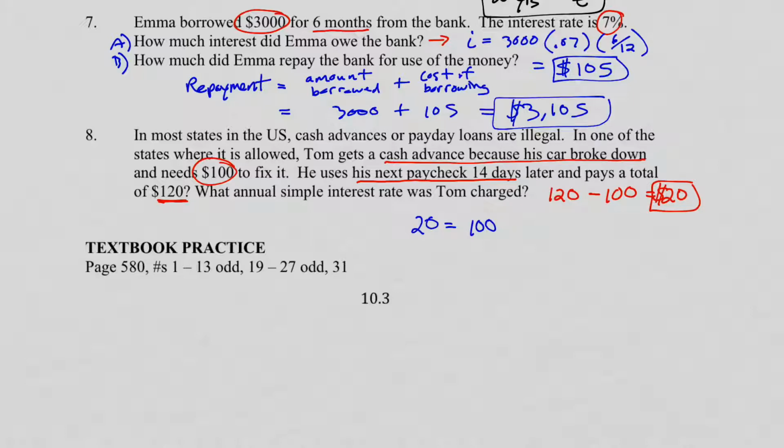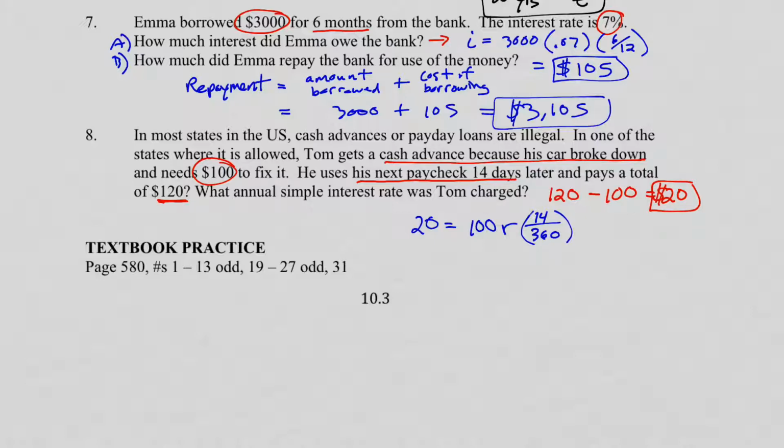The principal is 100. We don't know the rate, because we're going to find out the rate per year. He only borrowed it for 14 days. This is the problem with this type of transaction. It's such little time for so much money.